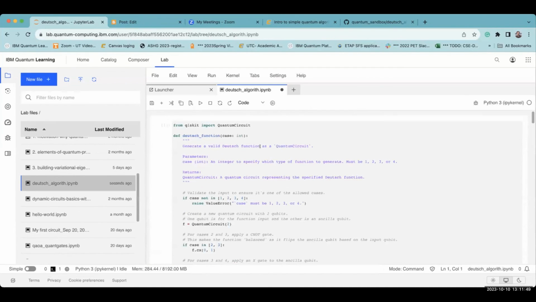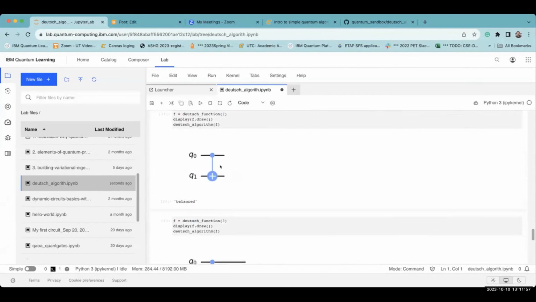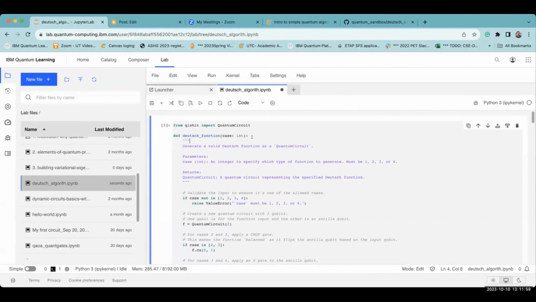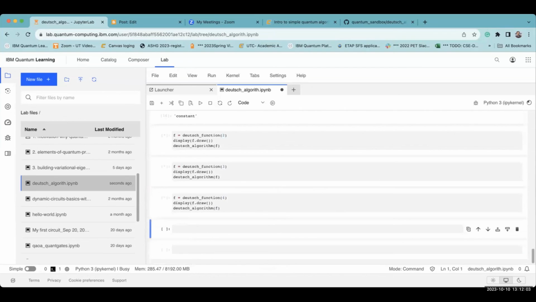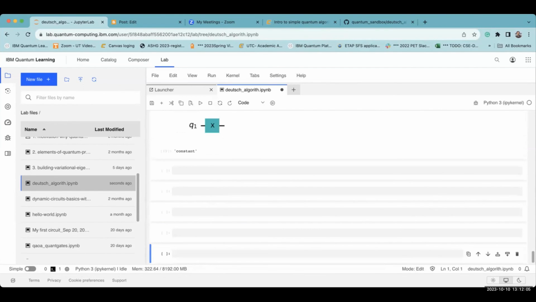Okay, and let me try to run everything, make sure it is there. Is there an error? Okay, let me try to run from start to the bottom. Let's run every cell, make sure it is there.